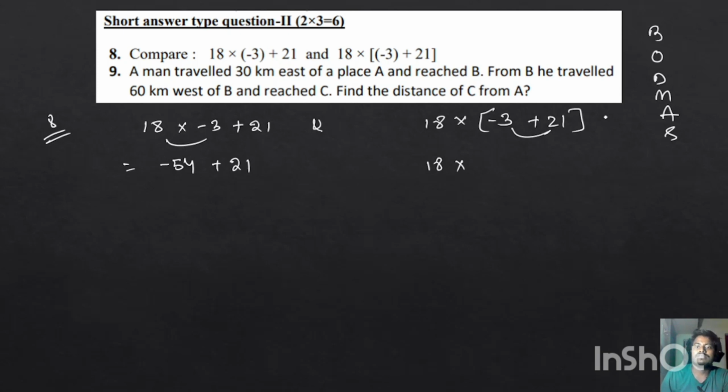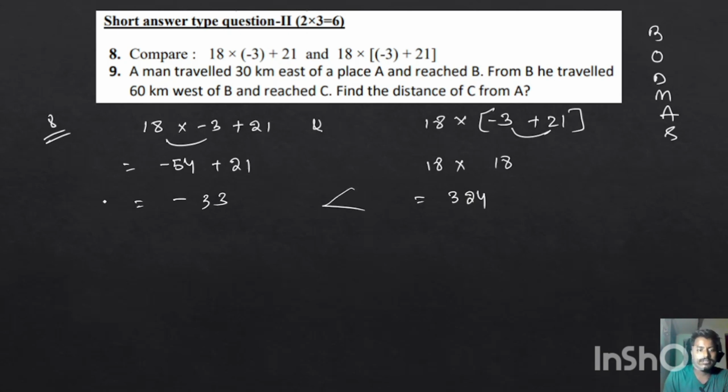So bracket means plus, because the big number's sign is plus. 21 minus 3 is 18, so plus 18. So 18 into 18 is 324, and here is minus, so minus 33. Which one is greater? 324 is greater, so less than.